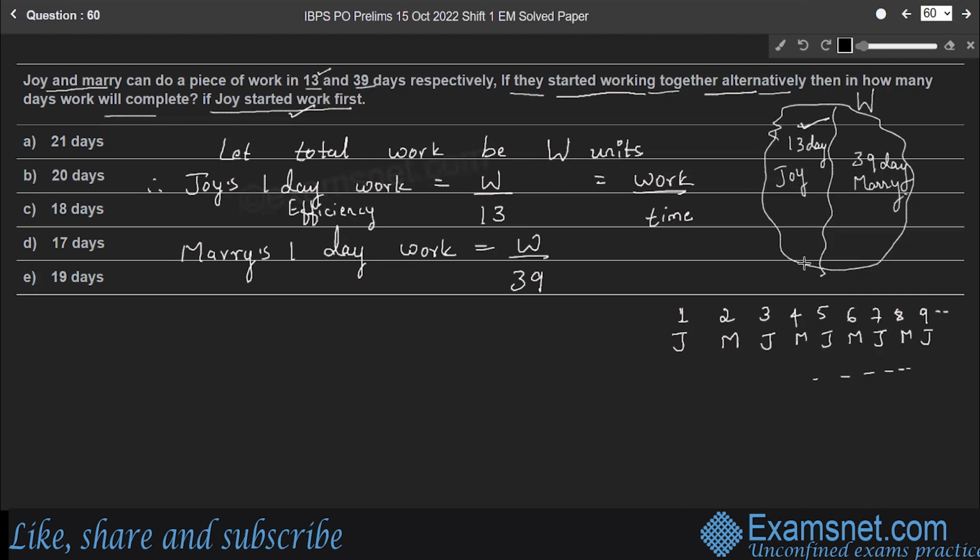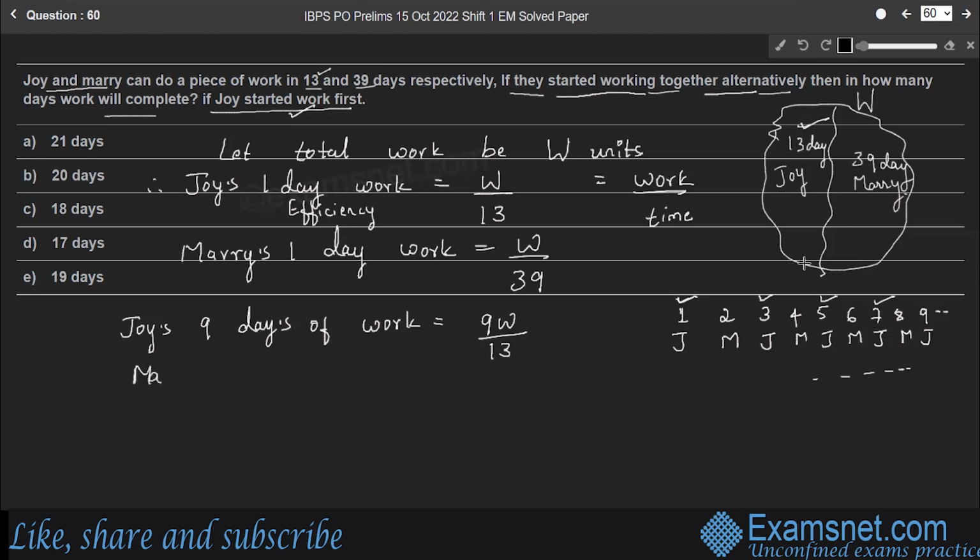So here let us consider 9 days of work each. Joy does on the first day, next on the third day, next on the fifth day, on the seventh day. So Joy's 9 days of work is equal to, since 1 day work is W by 13, 9 days of work is 9W by 13.